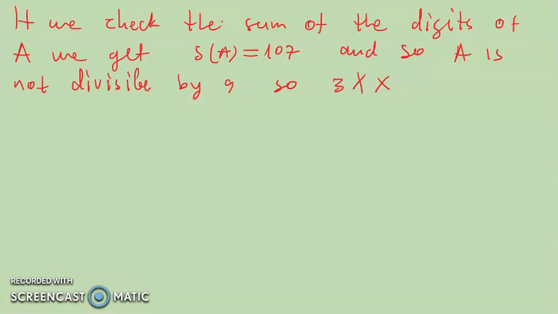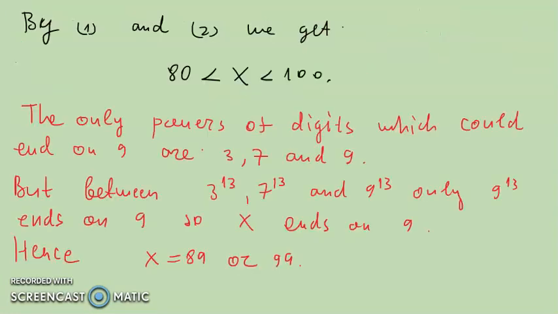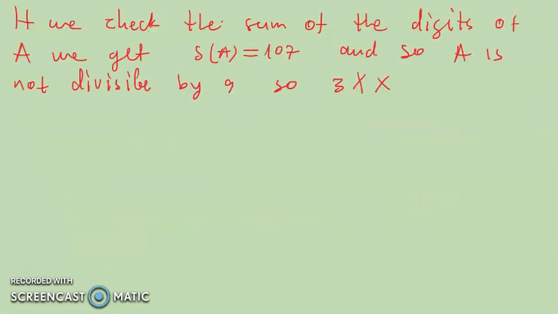The only possibility between 89 and 99 is actually 89, and the conclusion follows. Hence, x must be 89, and we are done.